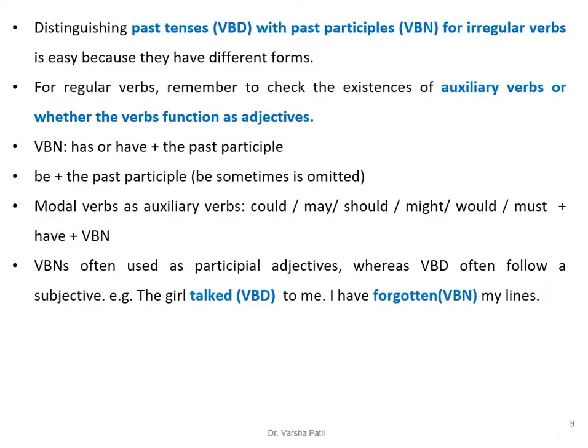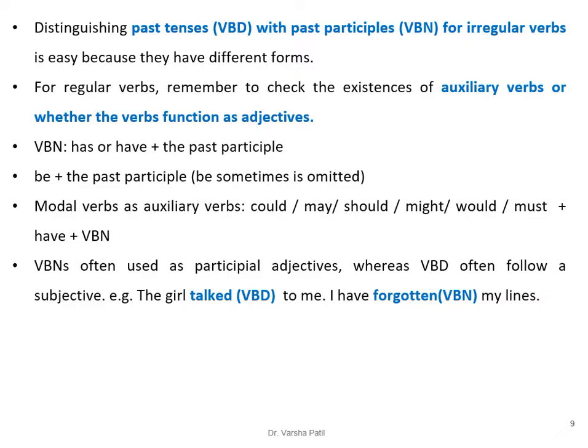For example, "we want to play" or "we can play tennis". VBN uses has or have plus the past participle, or be plus the past participle. Modal verbs as auxiliary verbs: could, may, should, might plus have plus VBN.